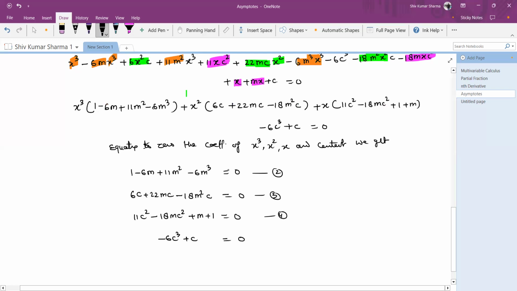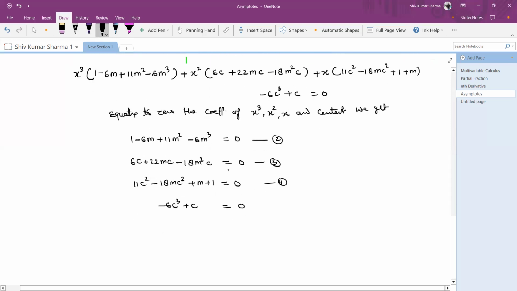So now this first equation is purely based on m, so that means we obtain the value of m.